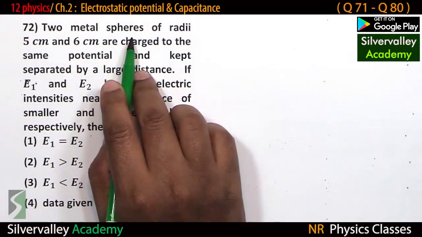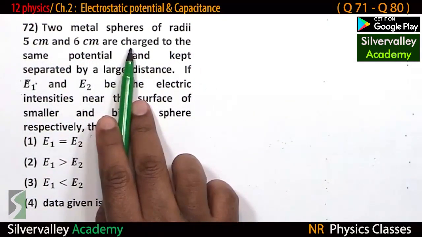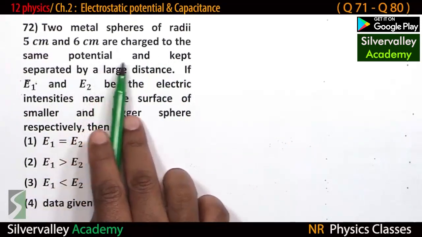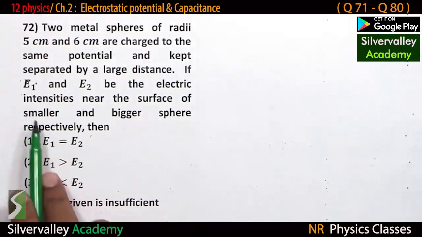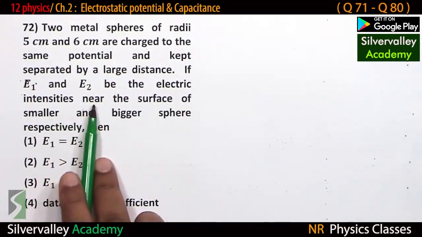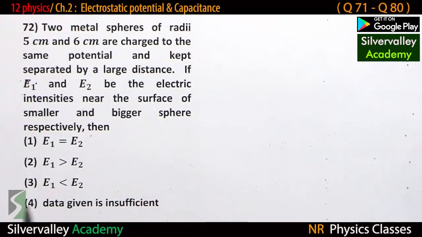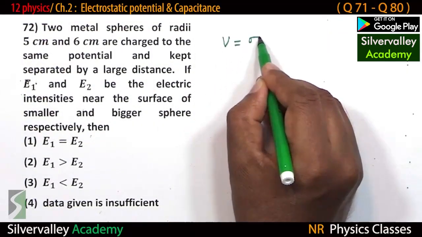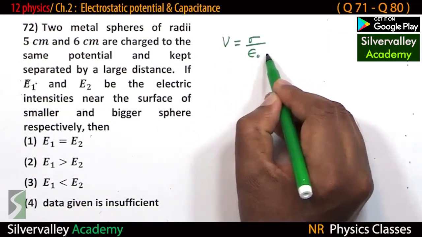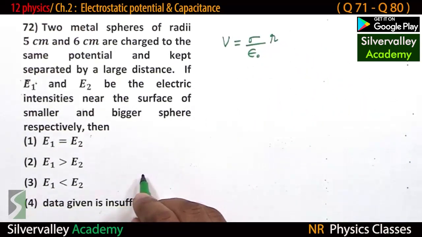Two metal spheres of radii 5 cm and 6 cm are charged to the same potential and kept separated by a large distance. If E1 and E2 are the electric field intensities near the surface of the smaller and bigger sphere respectively. Okay. So potential is sigma by epsilon naught into r, radius of the sphere.